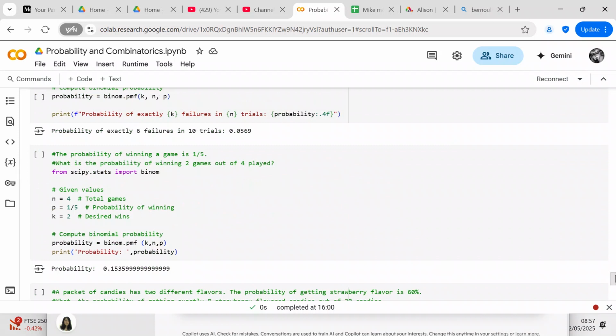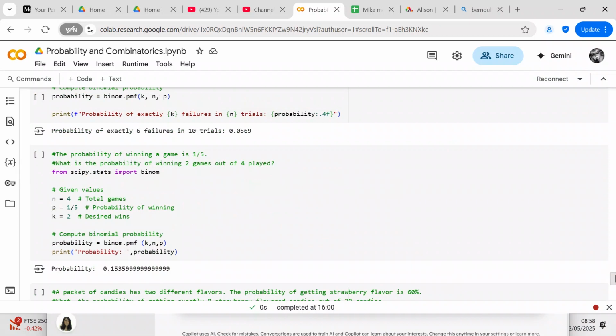The next question we have is, the probability of winning a game is 1/5. What is the probability of winning 2 games out of 4 if played? The first thing we're going to do is import scipy.stats, and import the binom function from that.